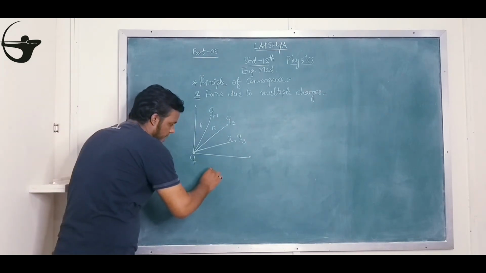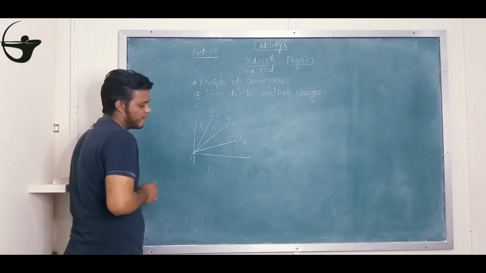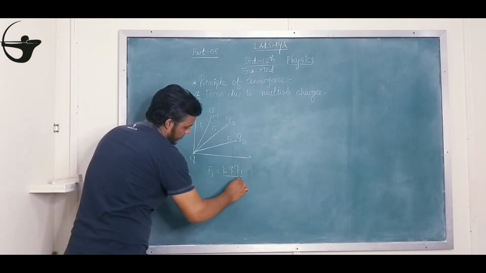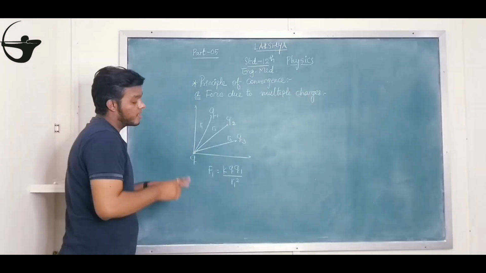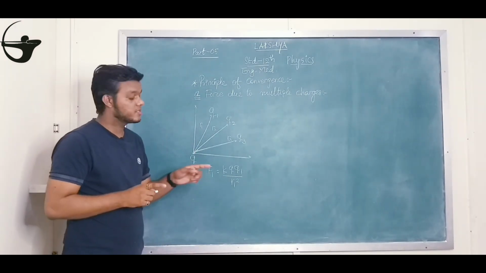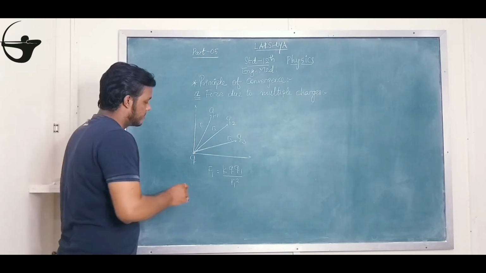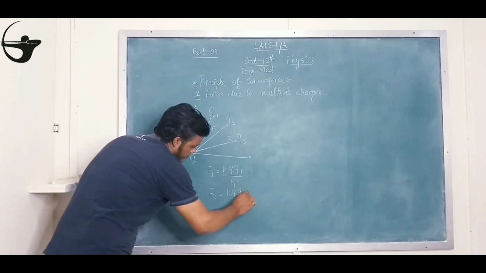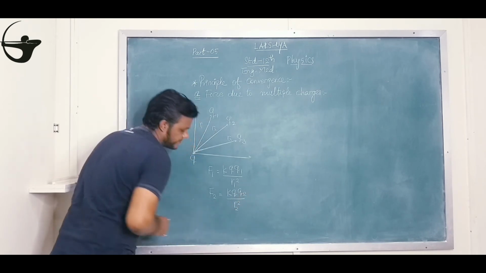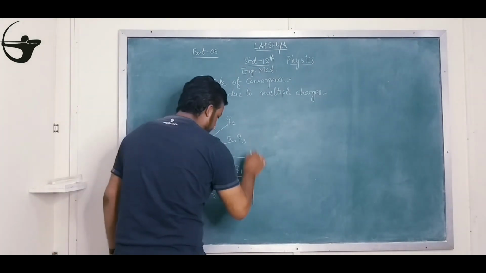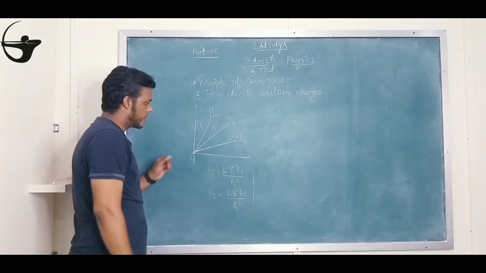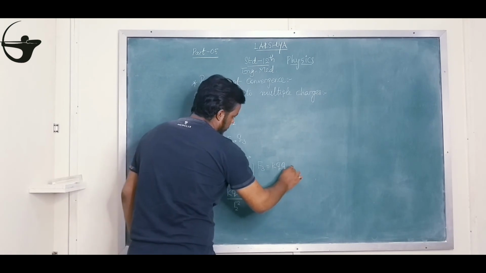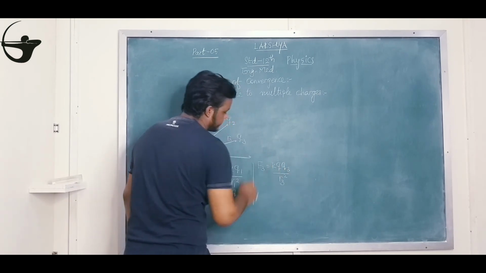So what will be F1? According to Coulomb's law, F1 will be K Q Q1 upon R1 square. We are not talking about vector form here, we are talking about scalar form. Now F2 equals K Q Q2 upon R2 square, and F3, the force by Q3 on Q, equals K Q Q3 upon R3 square.